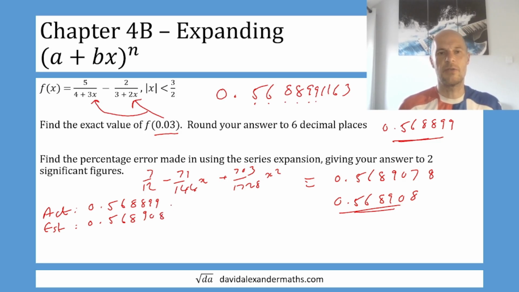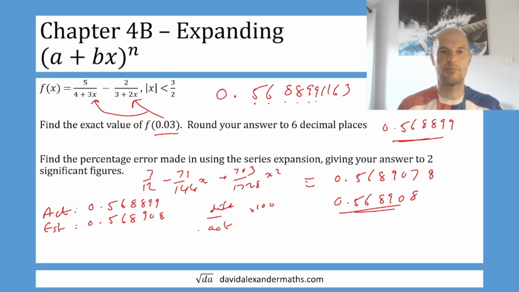Okay, so it's going to be the difference over the actual multiplied by 100. To work out the difference, I want a positive difference, so I'll do big take small. So 0.568908 minus 0.568899 equals a very small number.